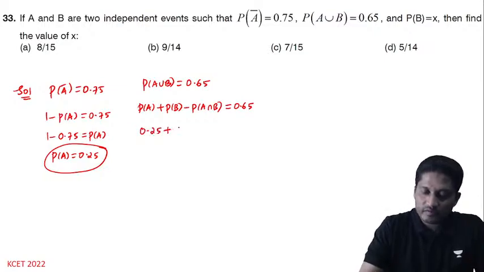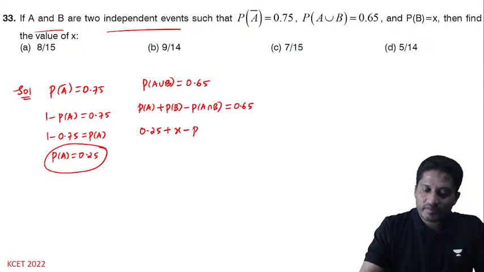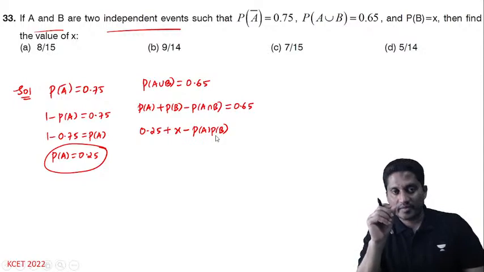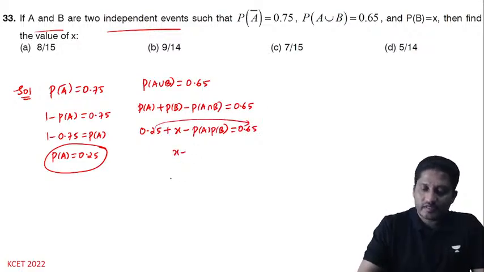P of B is equal to X. Since it is given that A and B are independent, P of A intersection B can be written as P of A into P of B. It's already mentioned in the question that A and B are independent events. So this is 0.25 plus X minus 0.25X is equal to 0.65. This is X minus 0.25X, you shift 0.25 to the right side. So this is 0.75X is equal to 0.40.